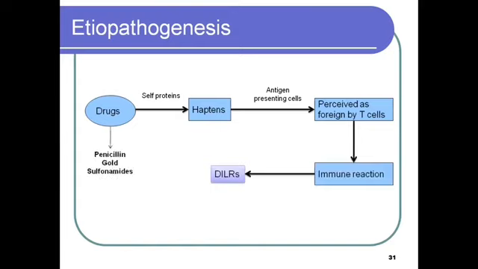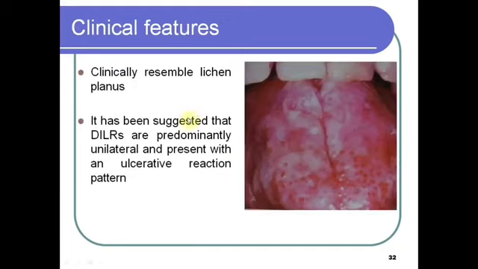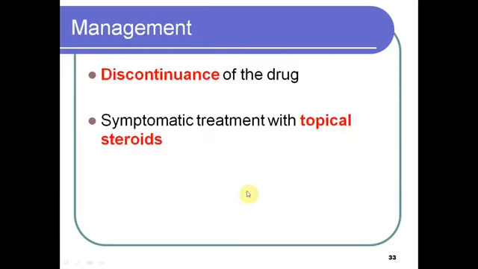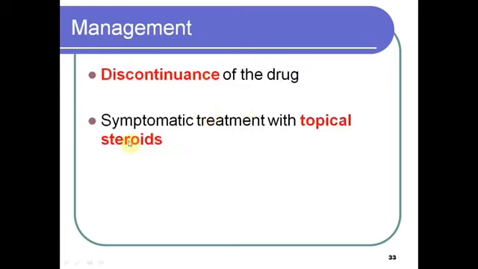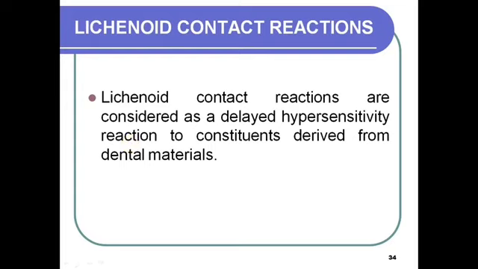Drugs could be penicillin, gold, or sulfonamides. Clinically they resemble lichen planus, but drug-induced lichenoid reactions are predominantly unilateral, whereas the other one is bilateral and presents with an ulcerative reaction pattern. Management is first discontinuing the drug, then symptomatic treatment with topical steroids.